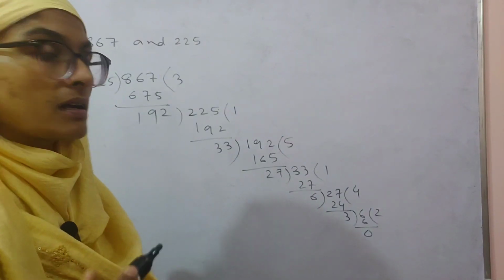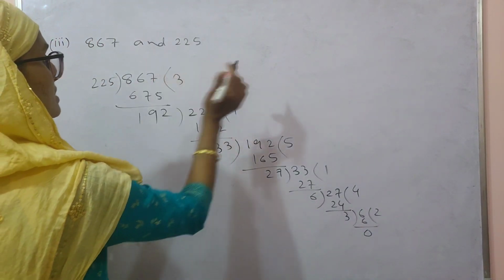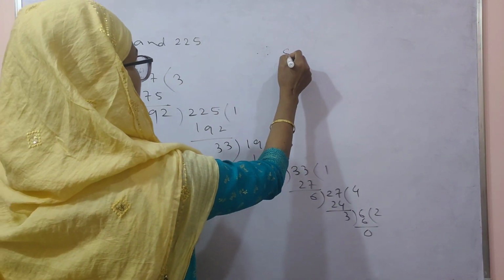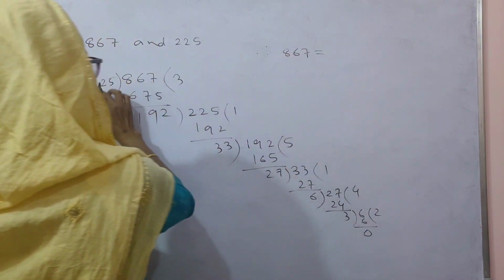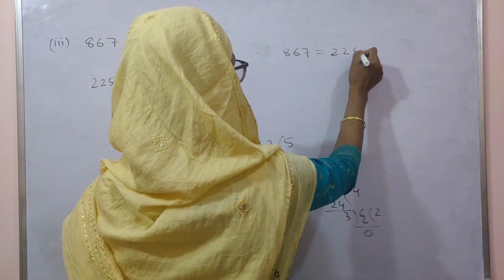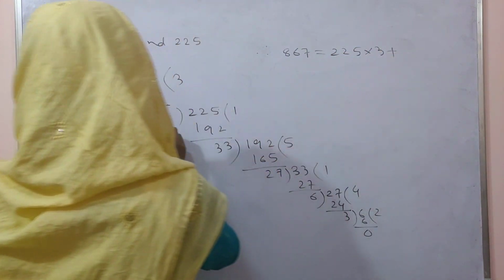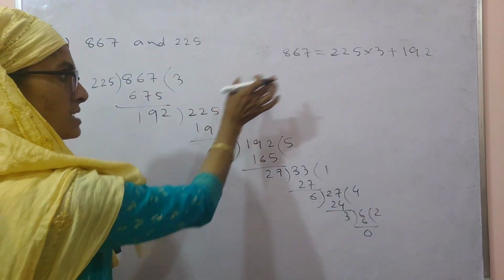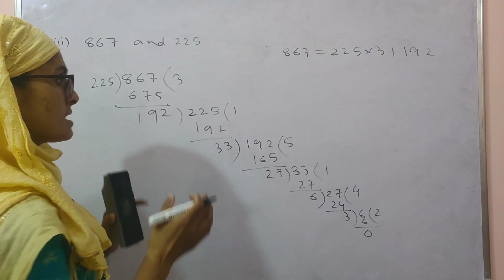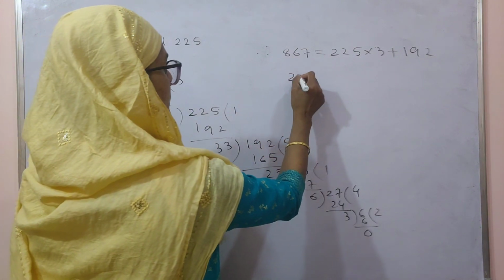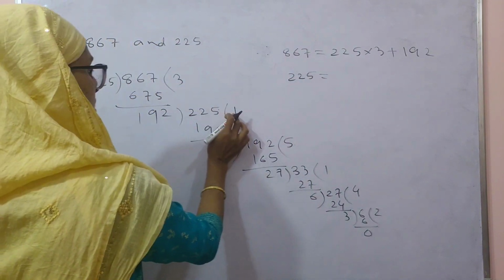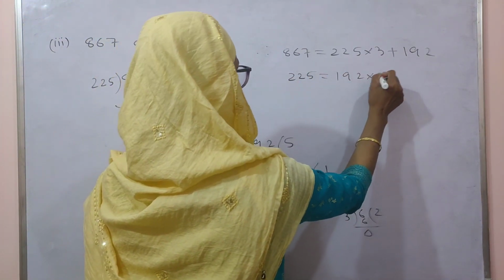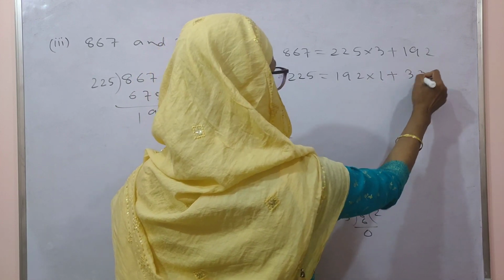Now write the division algorithm. First, 867 equals 225 into 3 plus remainder 192. Next, you have to write this one correctly, then you will get the HCF. 225 equals 192 into 1 plus remainder 33.